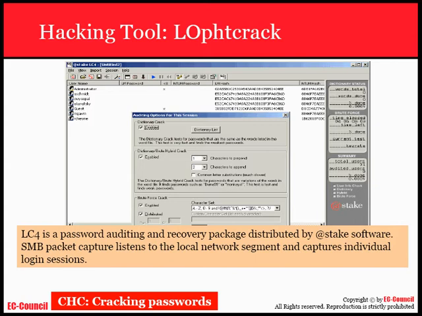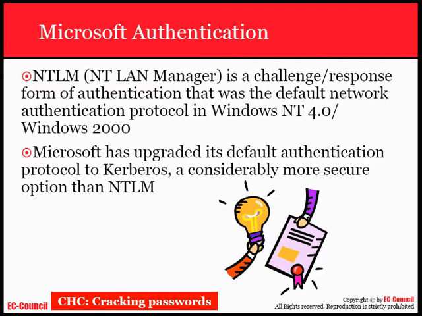Now we spoke earlier about our different kinds of authentication. Let's take a little closer look at some of the different forms. With Microsoft authentication, basically you have what's called NTLM, or the NT LAN Manager. This is basically a challenge-response type of authentication, and it was the default protocol when I had Windows NT 4 and Windows 2000.